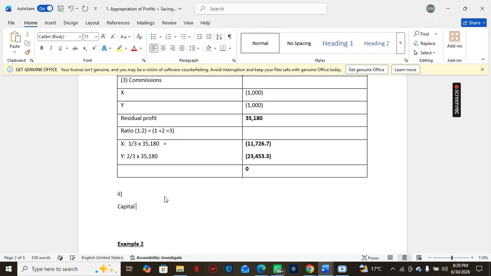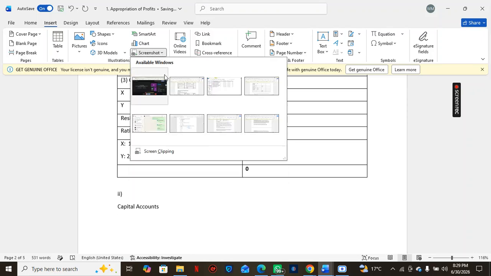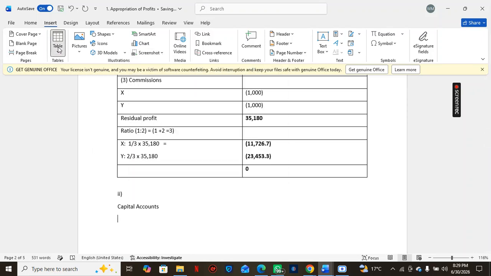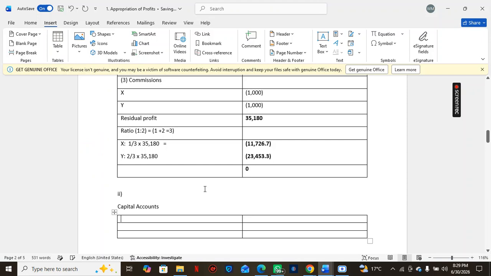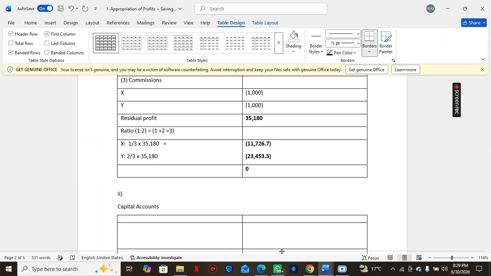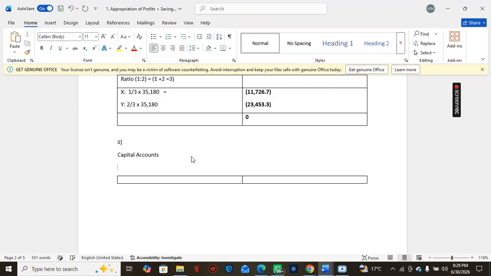Capital accounts. Okay, so this is a capital account for Mr. X.